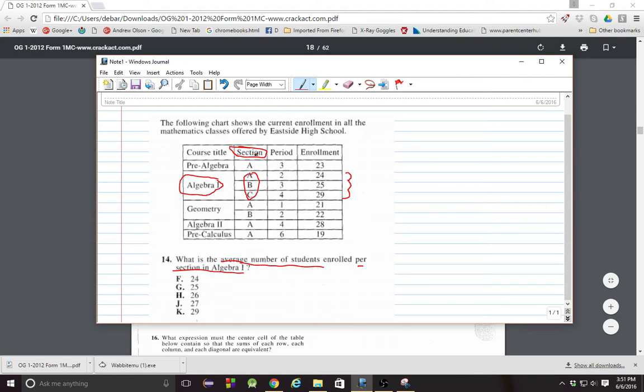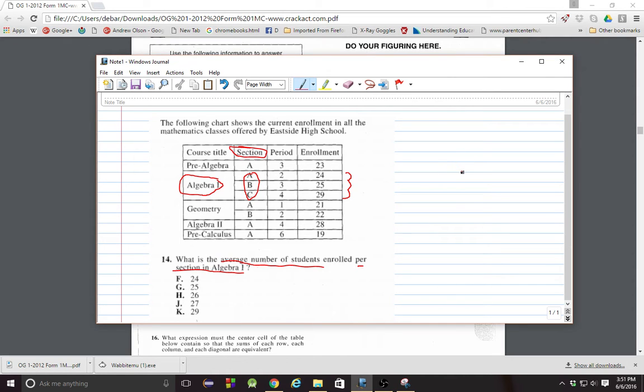Okay, so in order to find the average number of students enrolled per section, we have to add the enrollment numbers, 24 plus 25 plus 29 in each section, and then we have to divide that by the number of sections, or we divide that by 3.